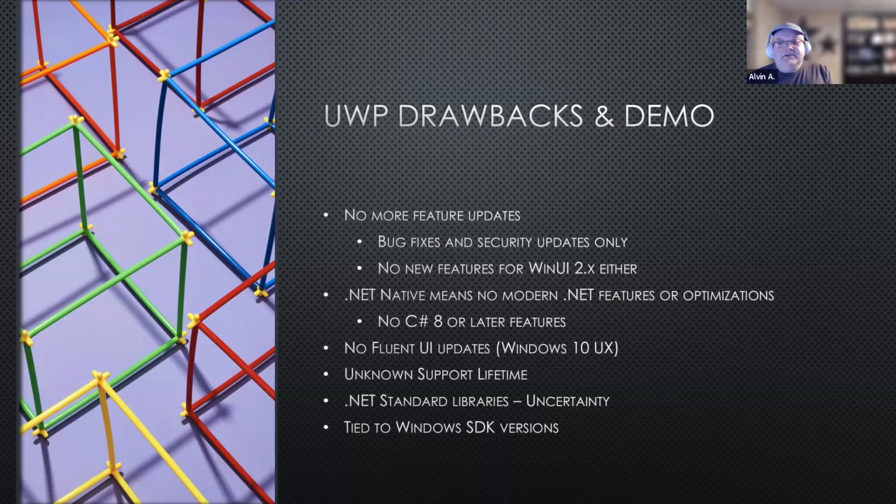And so UWP relies on .NET Standard for shared libraries. So like NuGet packages that are out there that you can install in UWP and other types of .NET projects, they need to be, I think, .NET Standard 2.0 to share them across there.